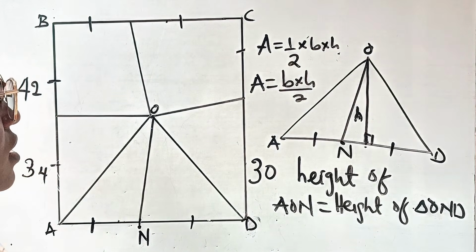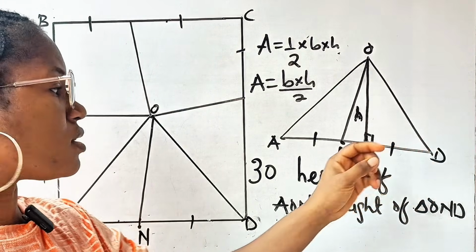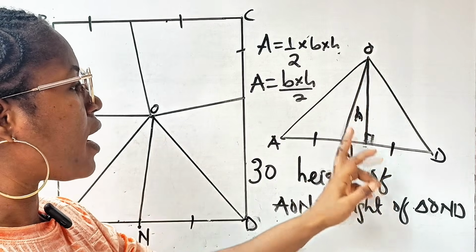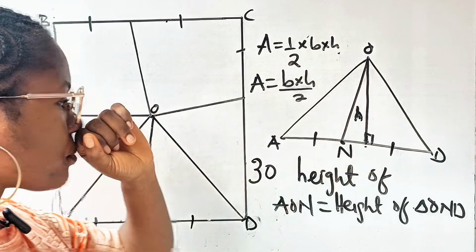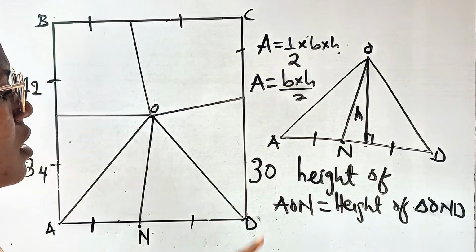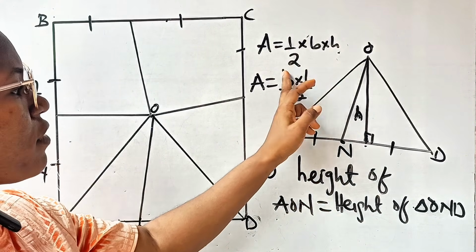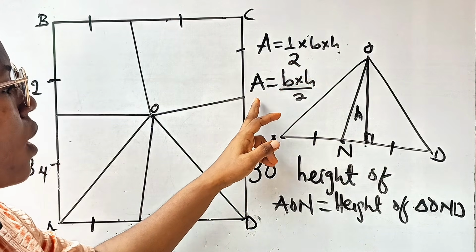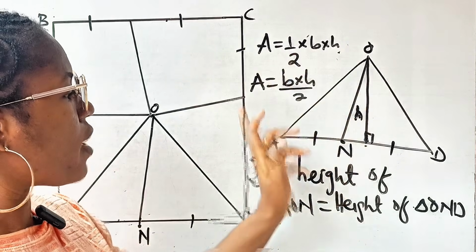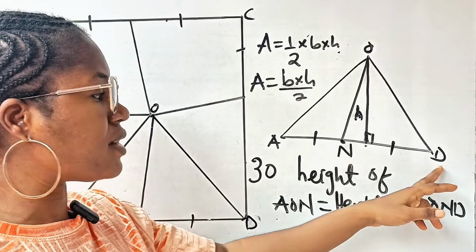So it means that the base and the height are what we are going to use to calculate the area of AON and OND. Now recall that if they have the same base and the same height, we are going to be using the same values here. So the area of AON becomes equal to the area of OND.